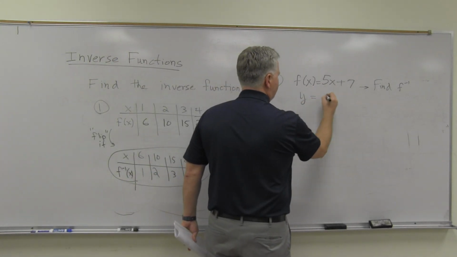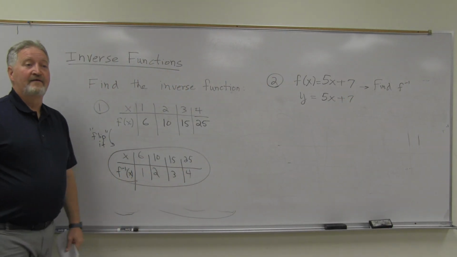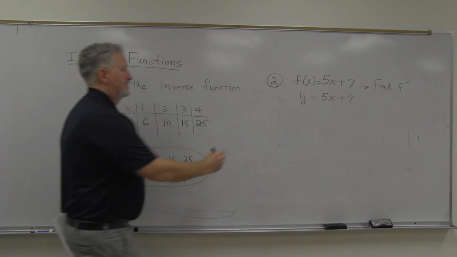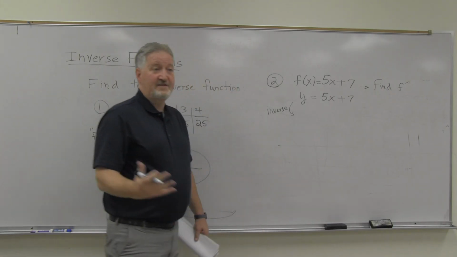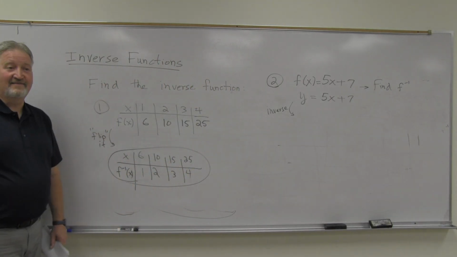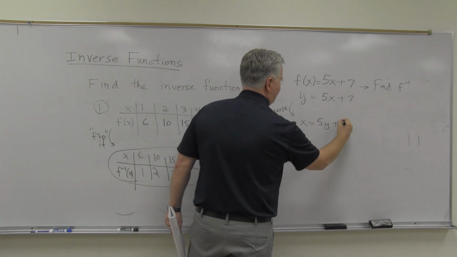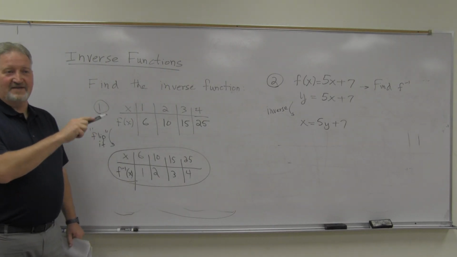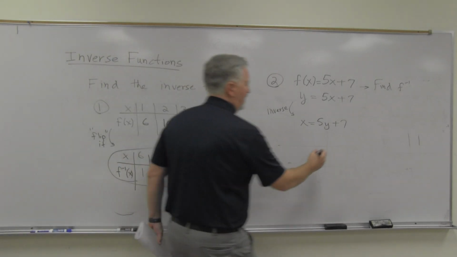So maybe first of all, write y instead of f of x. Because to find the inverse, we switch the x's and the y's. Isn't that what the inverse does? Switches the x's and the y's. Now, the inverse function is in there, but guess what? To get the inverse function, we need it in y equals. So solve that for y.